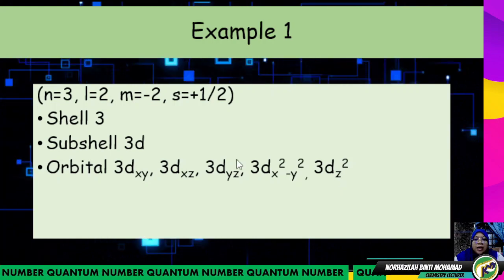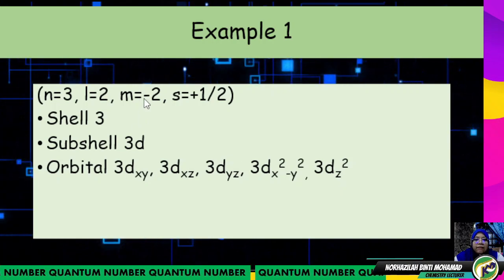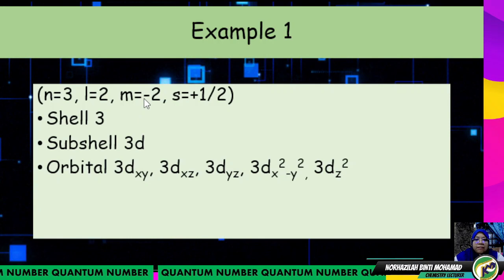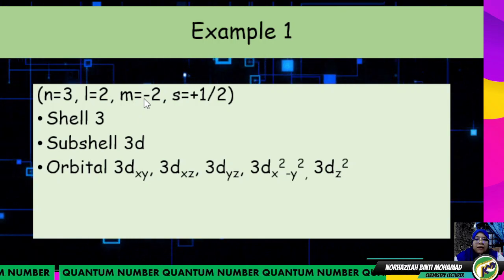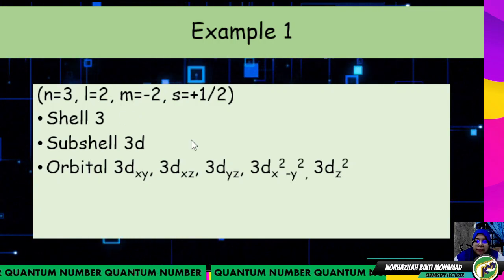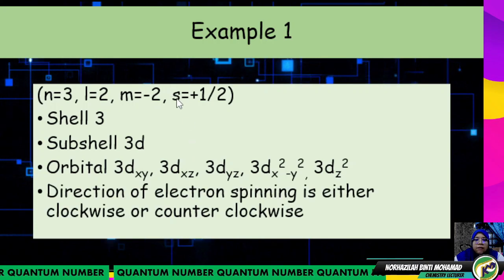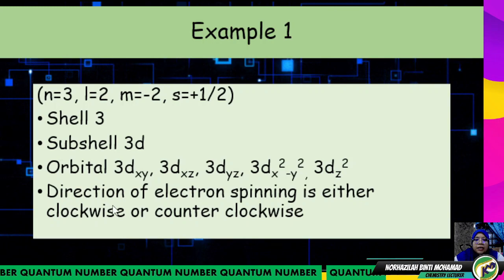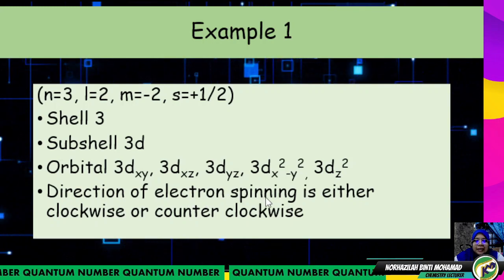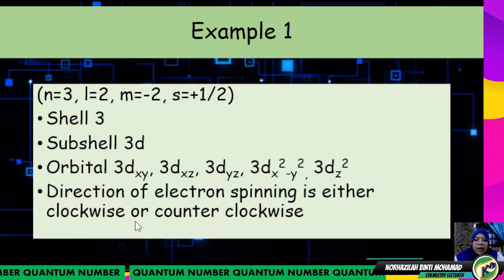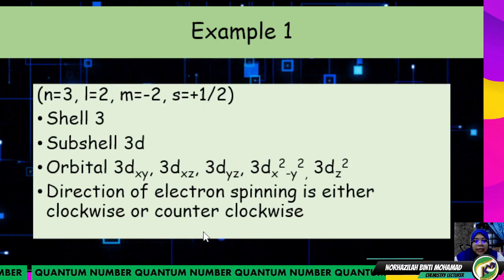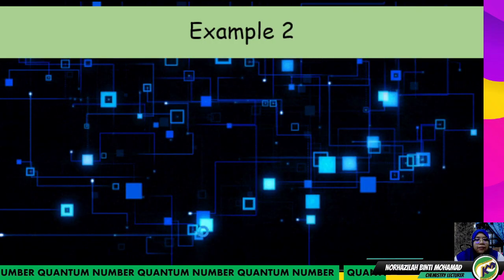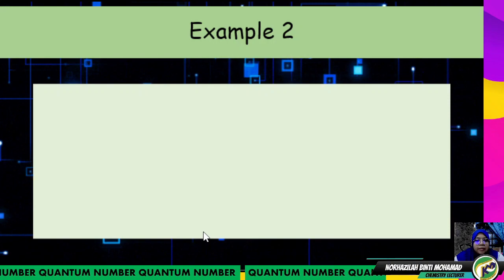You may choose either one because you only have one value of m. And then the value of s, which is positive half, shows us the direction of electron spinning is either clockwise or counterclockwise.